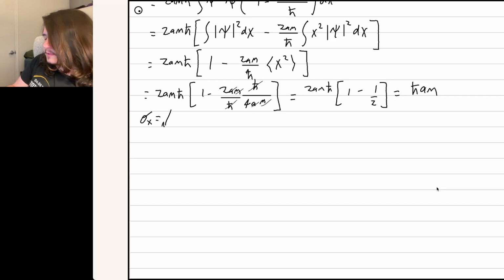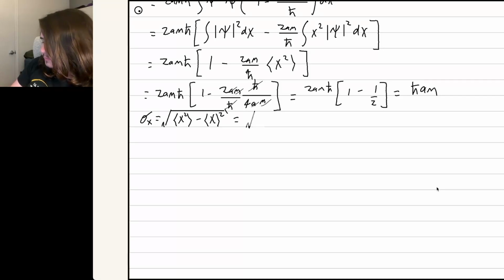The standard deviation of x is going to be the square root of the expectation value of x squared minus the expectation value of x, squared. This one was h bar over 4am, and this one was 0.